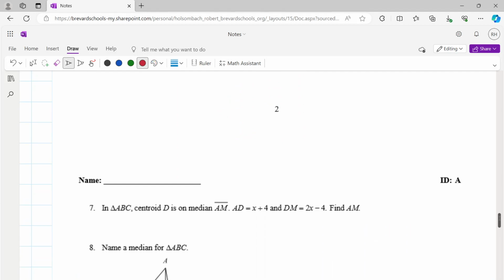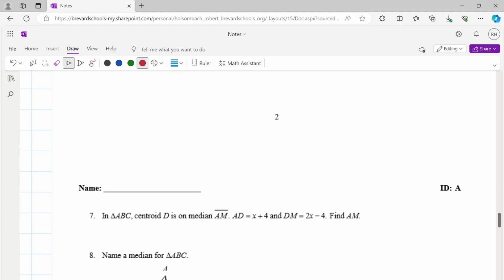All right, problem number 7. I'm going to leave it a little bit down here so I can use this white space. All right, here's what we got. Triangle ABC. Centroid D is on median AM.